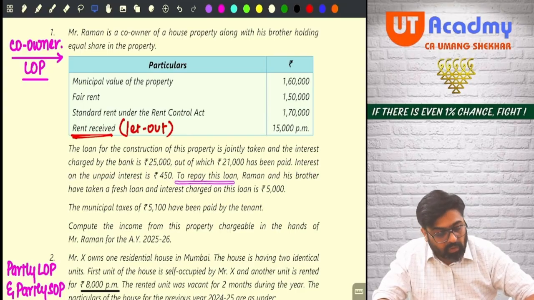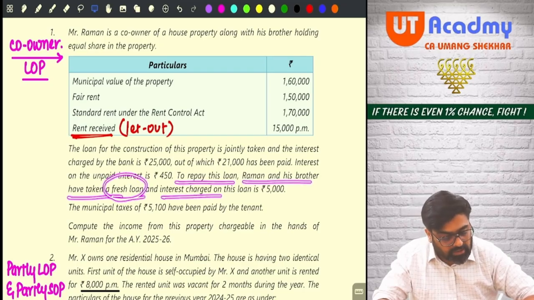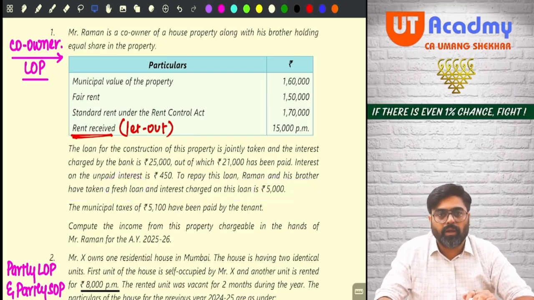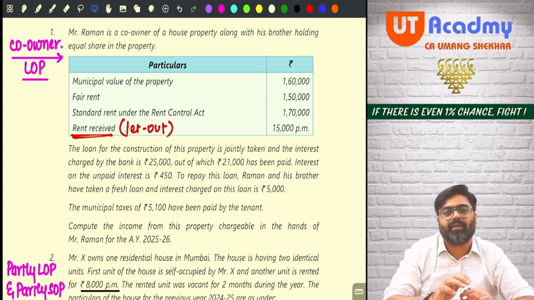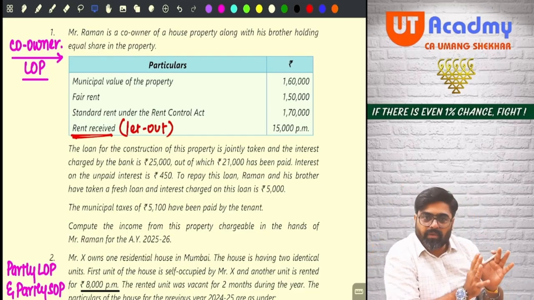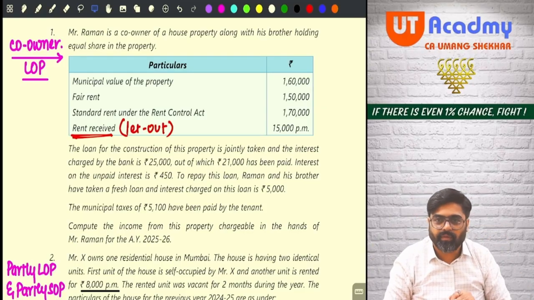To repay this loan, Raman and his brother have taken a fresh loan and interest charged on this loan is 5,000. So it is possible that the loan was outstanding since the beginning, and till some months the interest became due 25,000.